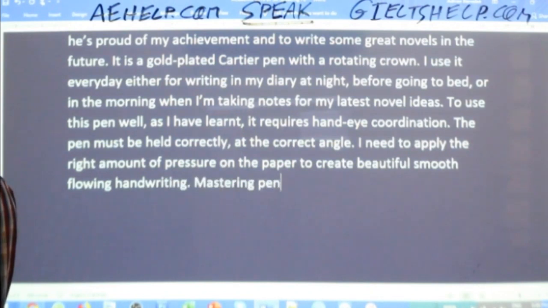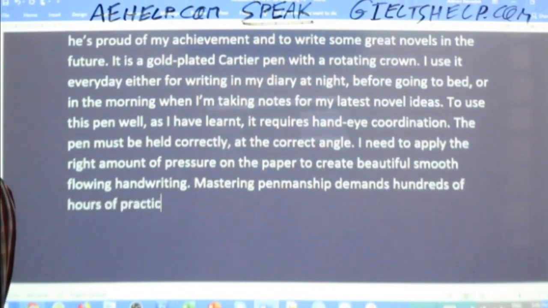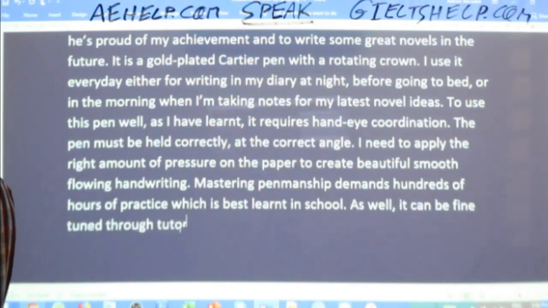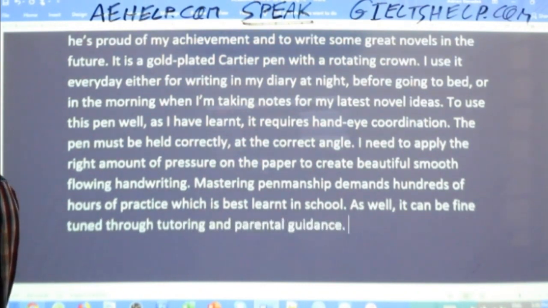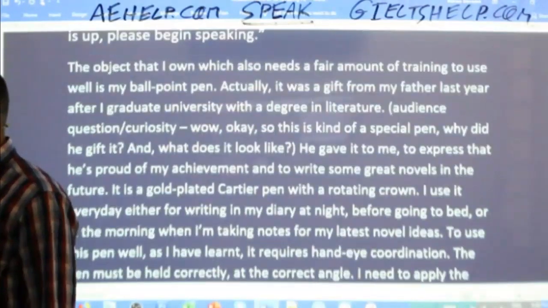Mastering penmanship demands hundreds of hours of practice, which is best learnt in school. As well, it can be fine-tuned through tutoring and parental guidance. Okay? There we go. So that's about it.